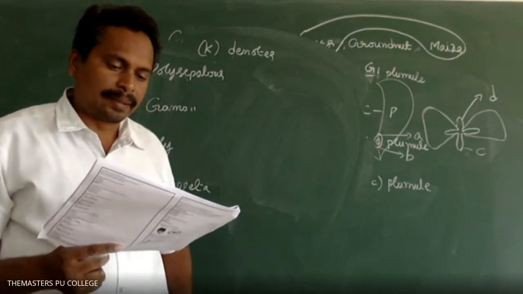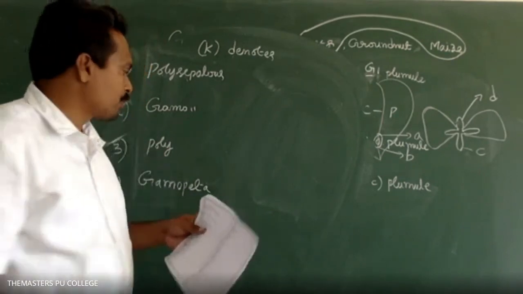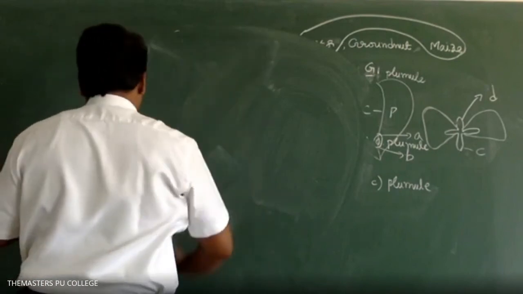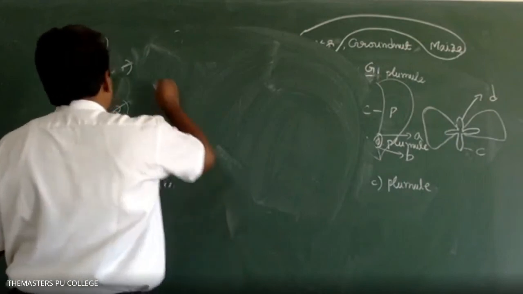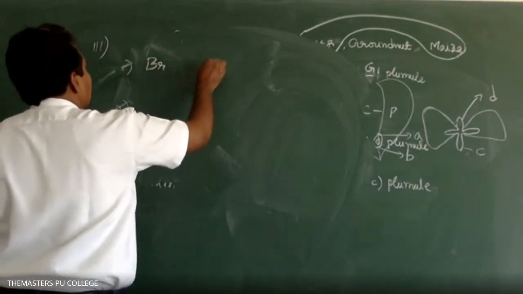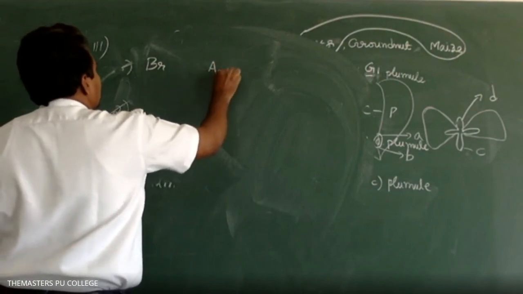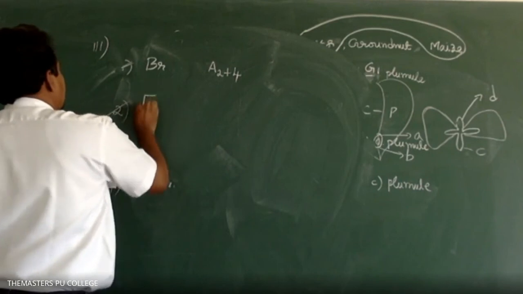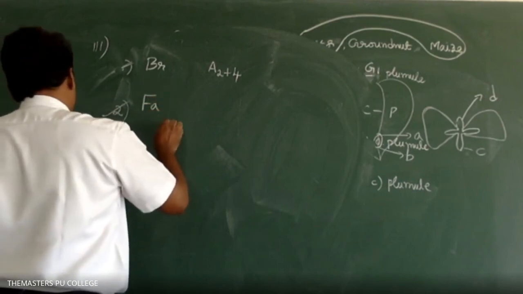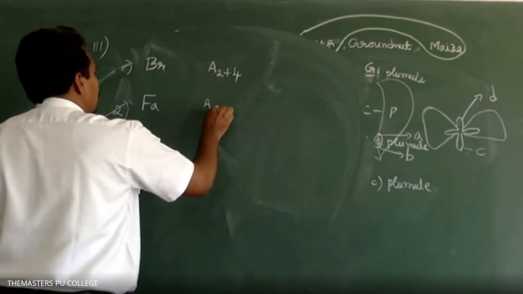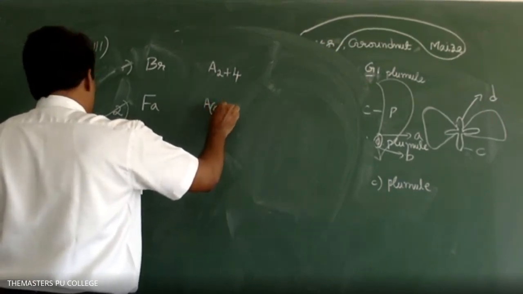Next, find the mismatch. Brassicaceae: K 2 plus 2. Fabaceae: A, androecium 9 plus 1.